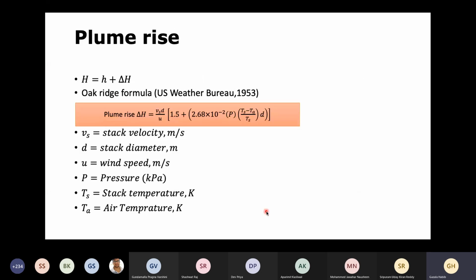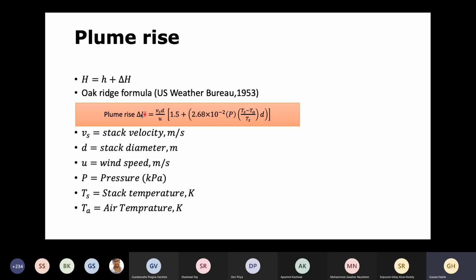The plume rise can be calculated by different formulas. Two formulas are given. I have listed the Oak Ridge formula here. There is one more type of formula from another scientist, which I will also list in the same slide. I have not done it yet.